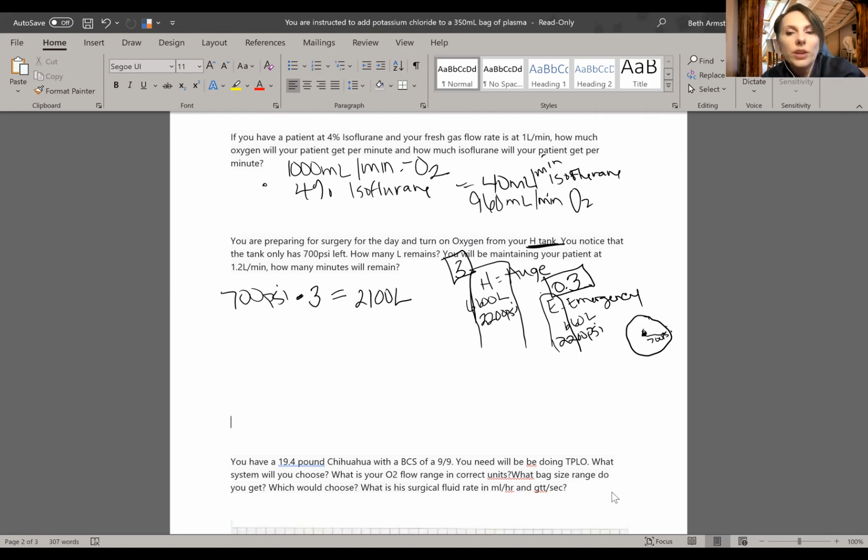Now, we are going to be maintaining our patients today roughly on average of 1.2 liters per minute. All right. So the next part of this is we're going to divide this by 1.2 liters per minute. And this is going to give us then how many minutes we're going to have left, because this crosses itself out.